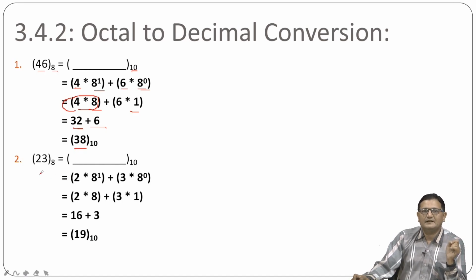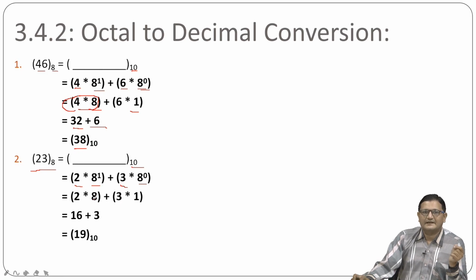Similarly, here is another example. The number is given in octal format and you need to convert it into decimal form. The number given is 23. Here 2 and 3 are the digits that you write down this way. Then from the last digit you start: 3 multiplied by 8 raised to 0, and 2 multiplied by 8 raised to 1.